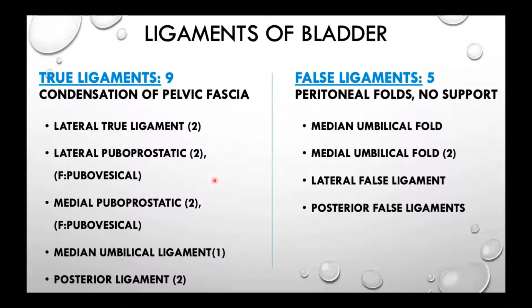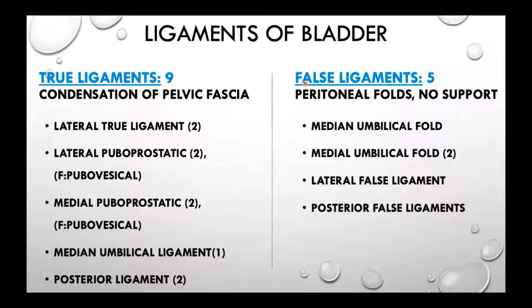They are the 2 lateral true ligaments, the lateral puboprostatic ligaments, which in females are replaced by the pubovesical ligaments, the medial puboprostatic ligaments, which are likewise replaced by medial pubovesical ligaments in females, a median umbilical ligament, and 2 posterior ligaments. All of these are condensed pelvic fascia, except the median umbilical ligament, which is the remnant of the urachus.